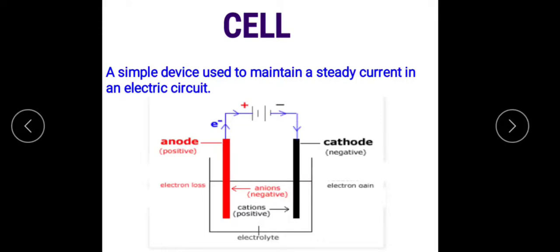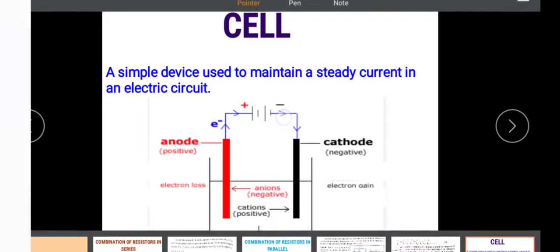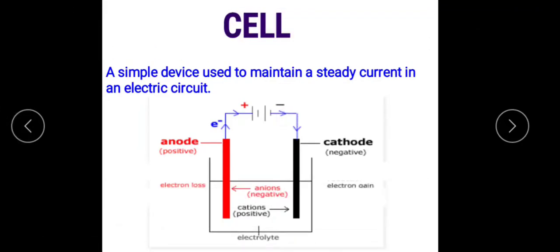As a result, the positive electrode acquires a positive potential, and the other electrode acquires a negative potential, which we represent with a minus sign. You can take this as V plus and this as V minus. Similarly, this negative electrode has potential minus V relative to the electrolytic solution adjacent to it.